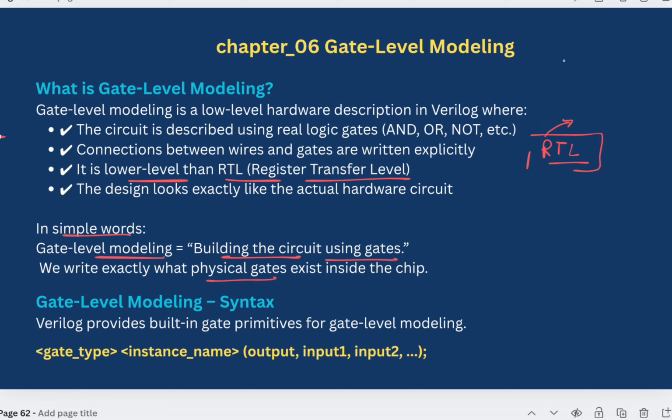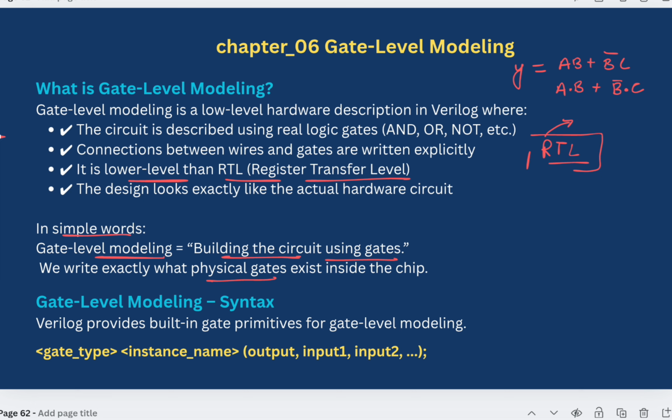Suppose you want to perform this logic: a b plus b bar c. This is your function and you want to write the Verilog code for it. This is a and b, this is OR, this is NOT, and then c AND with b bar.